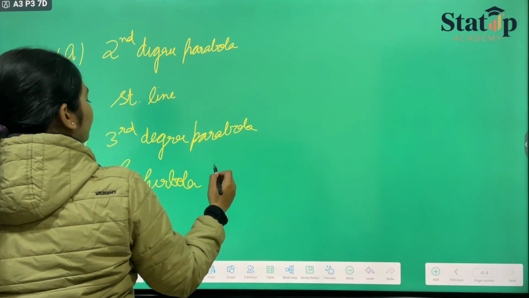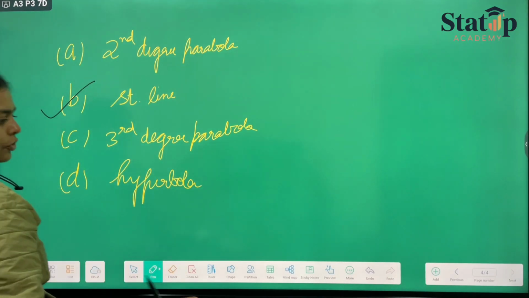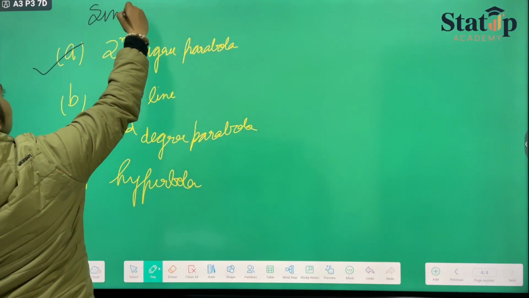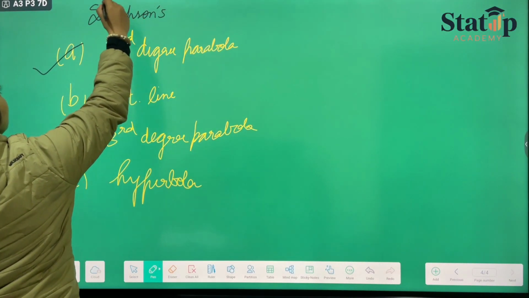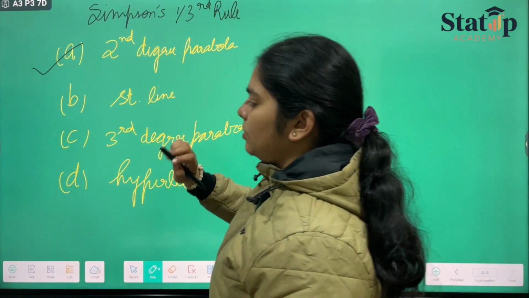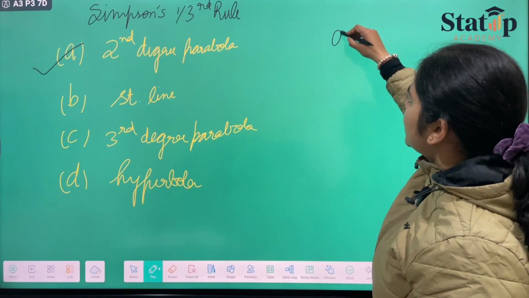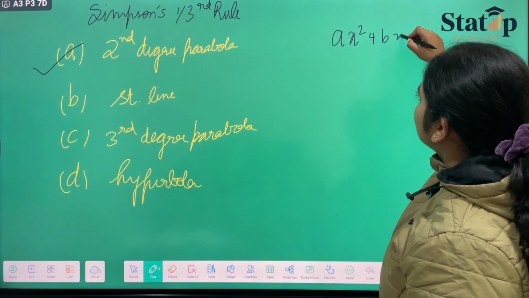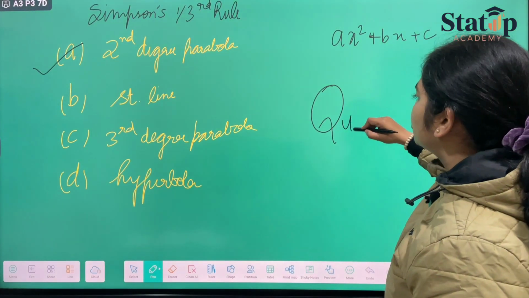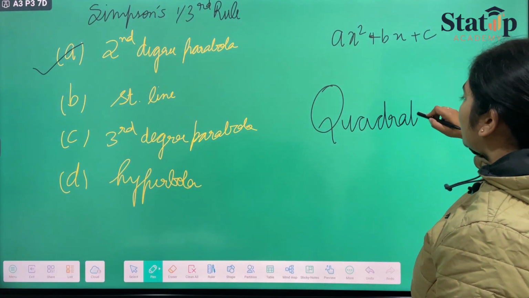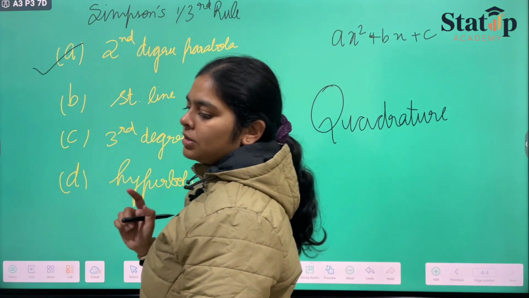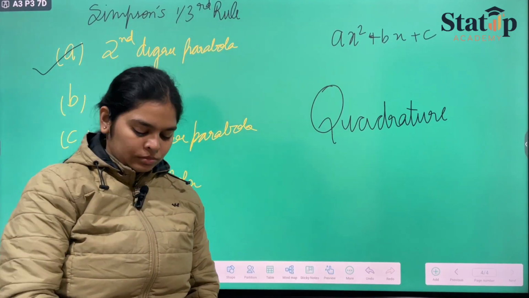If it has been asked for the trapezoidal rule, then it is a straight line for sure. And if it has been asked for Simpson's one-third rule, then it is always a second degree parabola, which can also be given as ax square plus bx plus c. And you should also remember that all of these are quadrature formulas. Quadrature means the functions are always a function of one variable only. Here the variable is x and not more than one variable.